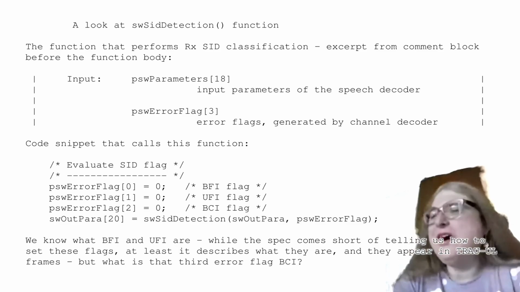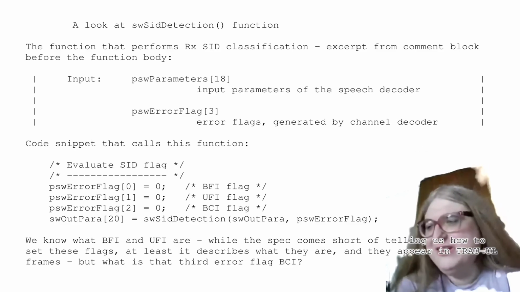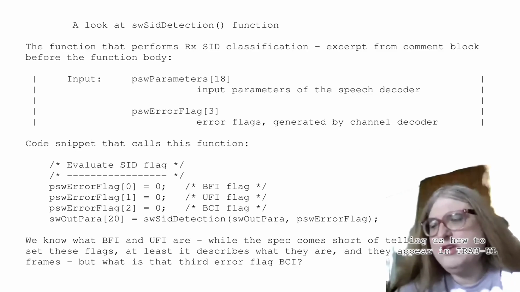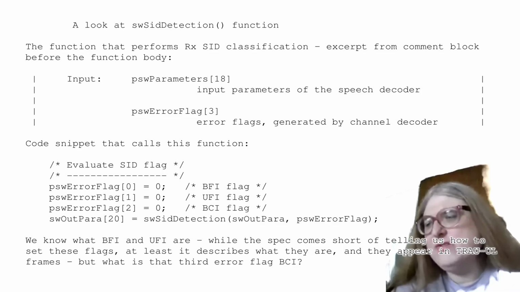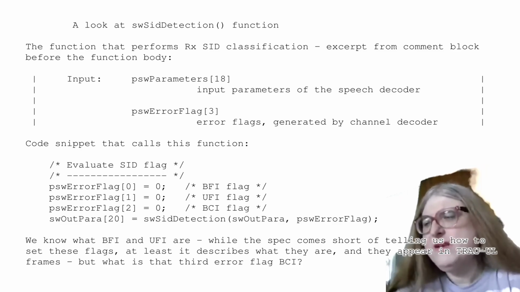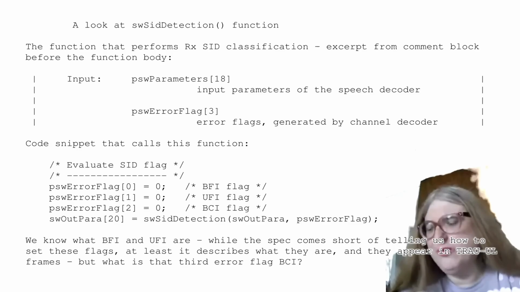Now, in a typical hardware or DSP implementation, the most natural place where you would put the SID detector would be right at the output of the channel decoder, before you do the reordering. So, like I mentioned before, the codec's natural bit order and the bit order for the channel encoder, for all three codecs, are different. So there's the reordering step. And here it's even messier for half rate, because with half rate, the reordering is mode dependent.